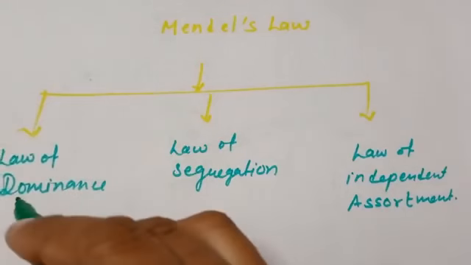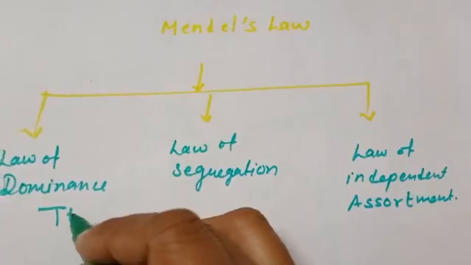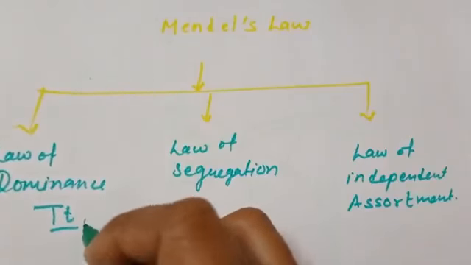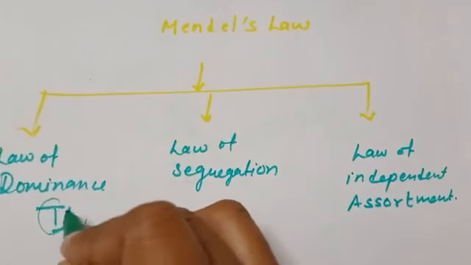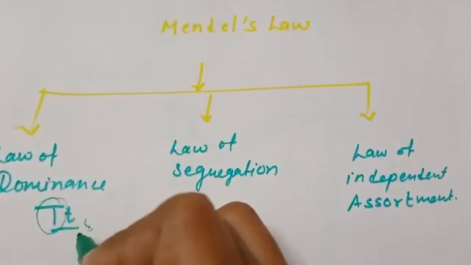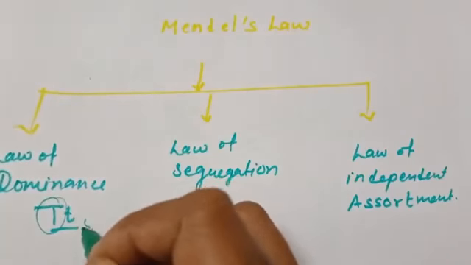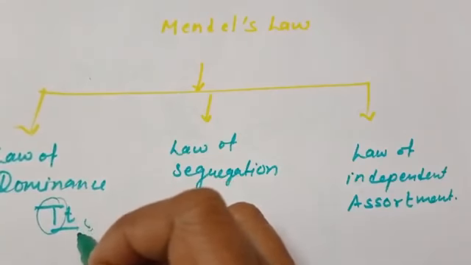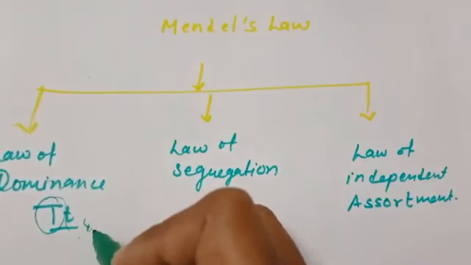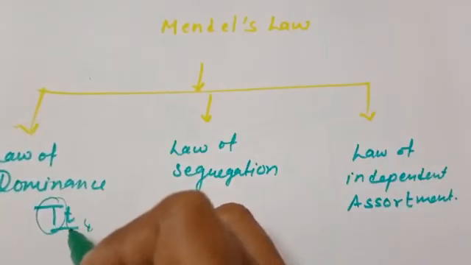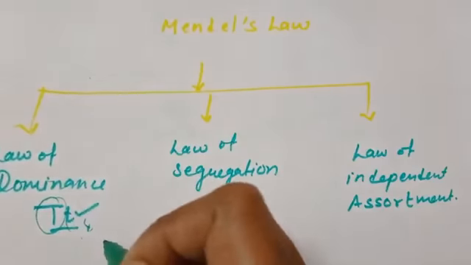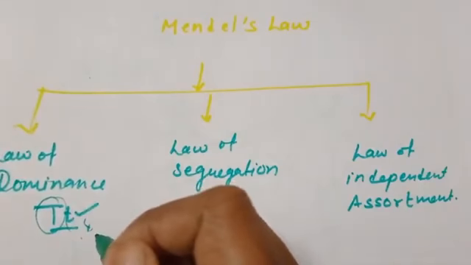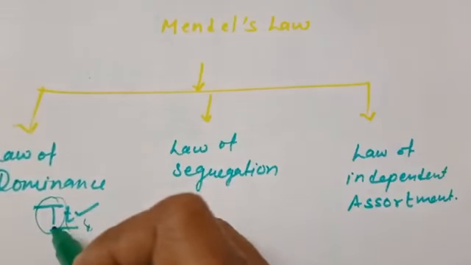For example, we talked of the capital T and the small t. They both represent height, but the capital T will be the one which represents it whenever the smaller t is present with it. The smaller t does not express itself as long as the capital T remains with it.